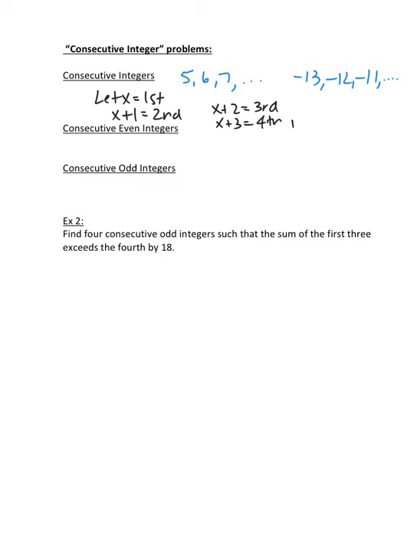Let me just put ... and you would continue from there depending on how many integers are in the problem. Okay. Consecutive even integers are like the numbers 2, 4, 6, etc. They increase by 2. So your let statements, when you don't know what the integers are, would be, let X equal the first integer.